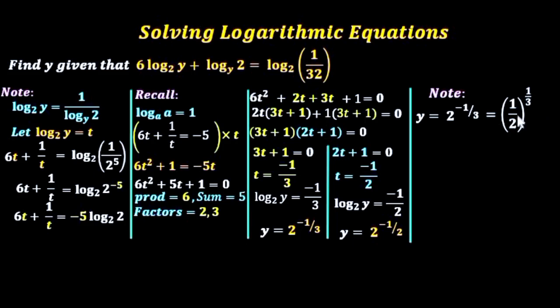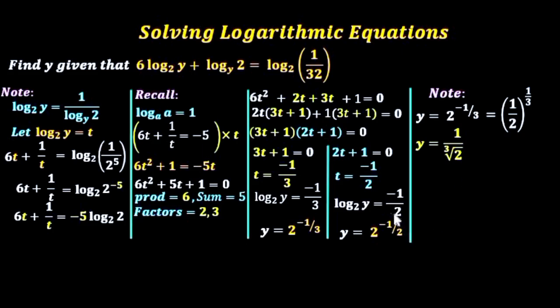And a number raised to a third is equivalent to finding the cube root of that number. So we're going to have the cube root of the numerator over the cube root of the denominator. That is cube root of 1 over cube root of 2. And that finally simplifies to 1 over cube root of 2. Remember, cube root of 1 is 1. So the numerator remains as 1, and then the denominator is cube root of 2.